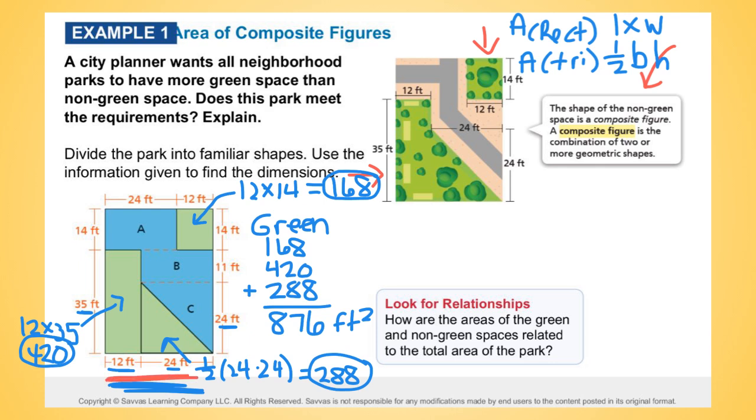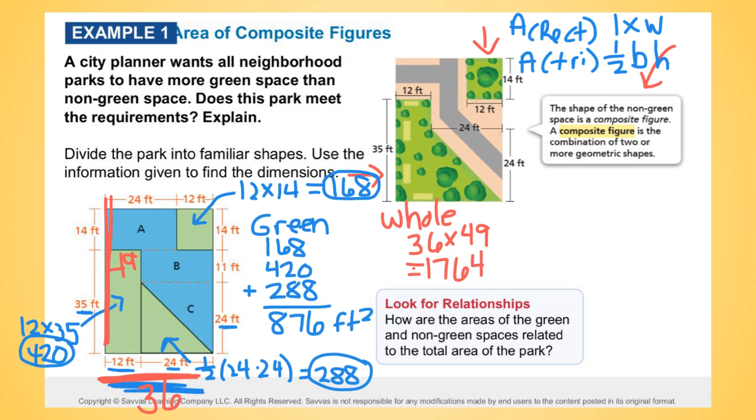It is a 12 and 24 makes 36 by 35 and 14, which makes 49. So our big rectangle, the whole shebang, is a 36 by 49 rectangle. When I multiply those, I get 1764.